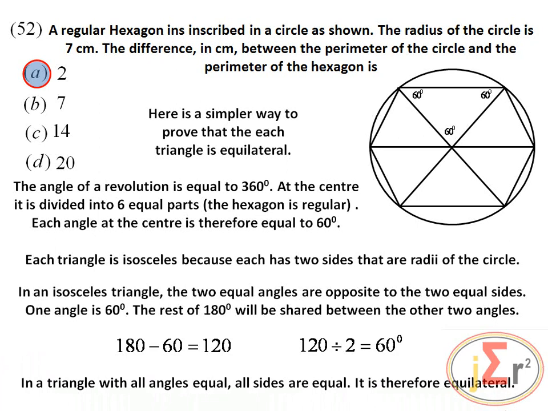It is therefore equilateral. So all angles are equal, therefore all sides are equal, so all of the triangles are equilateral. As a matter of fact, this one that we are highlighting is equilateral, and all the others will be similar to it, so all of them will also be equilateral.